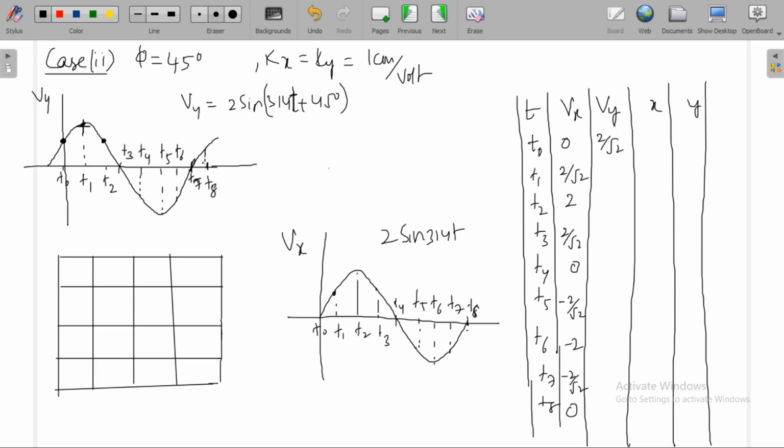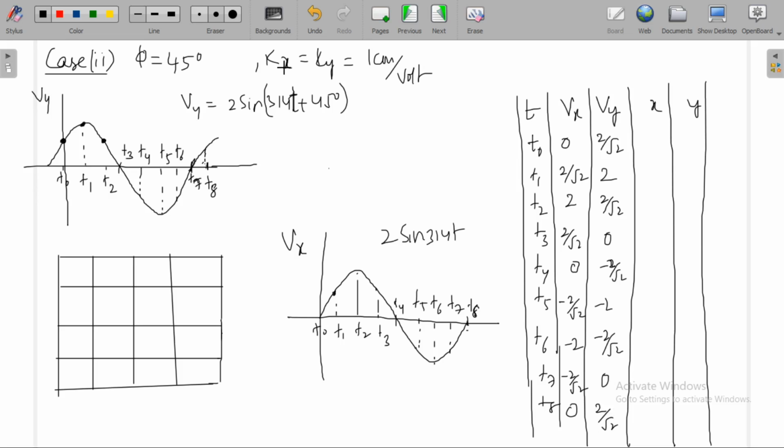At T1, it is 2 into sine 90, that is equal to 2. At T2, it is 2 by root 2. At T3, it is 0. At T4, it is minus 2 by root 2. At T5, it is minus 2. At T6, it is minus 2 by root 2. At T7, it is 0. At T8, it is 2 by root 2.